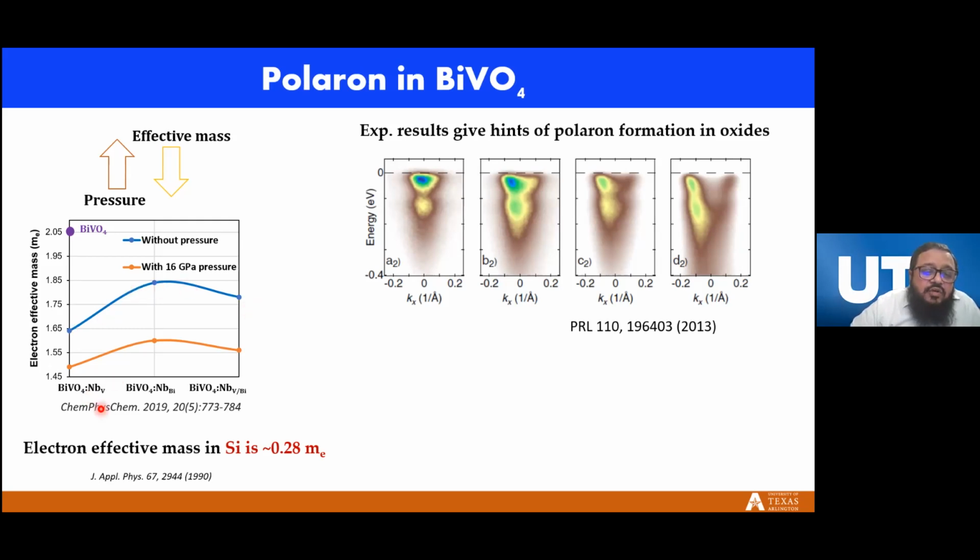And then we also doped niobium, which has 4d electrons. We took out some of the 3d, replaced by 4d niobium, and we see that the effective mass dropped even further. Still, as you can see, the effective mass is almost 1.5 times the electron rest mass.